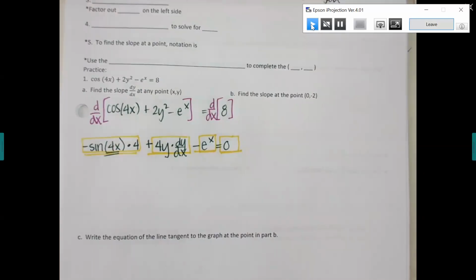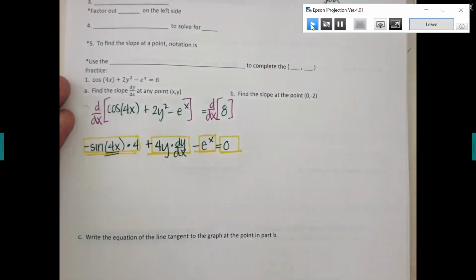So out of all of those terms, only dy dx terms get to stay on the left. Who are we moving? Does the sine 4x times 4 have a dy dx in it? Then it's got to move. Does the e to the x have one? No. So these are the 2 terms that we're going to move.